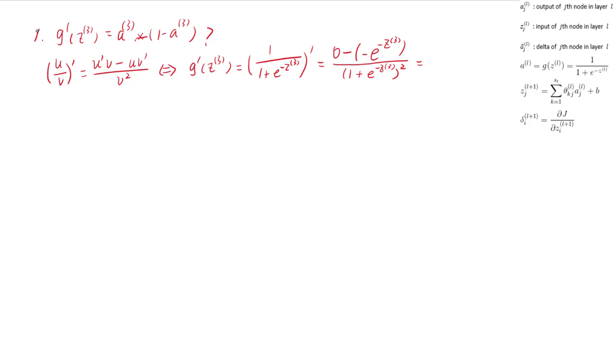So this can be simplified as e of negative z3 divided by 1 plus e of negative z3 squared.